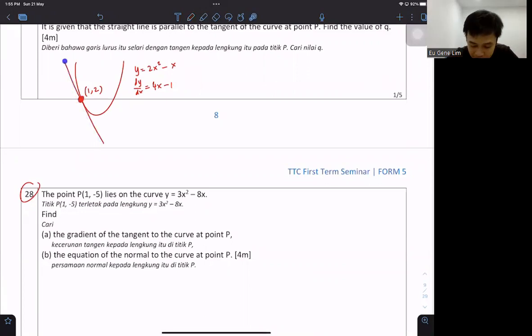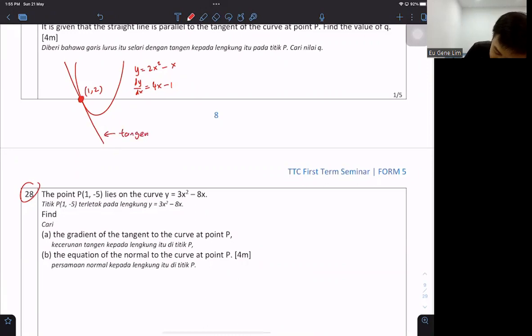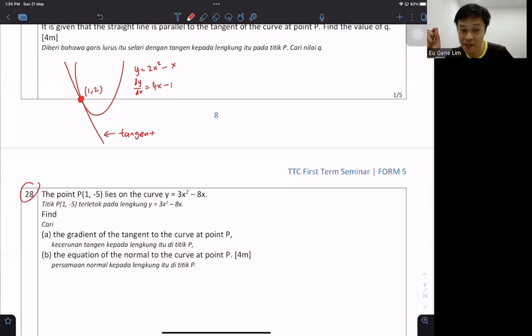When there's a line that touches the curve at only 1 point, that line is called a tangent. Remember, when a line touches the curve at 1 point, that line is called tangent.